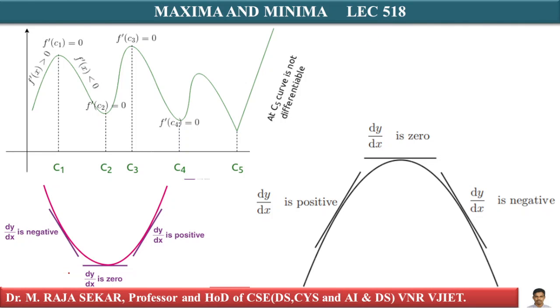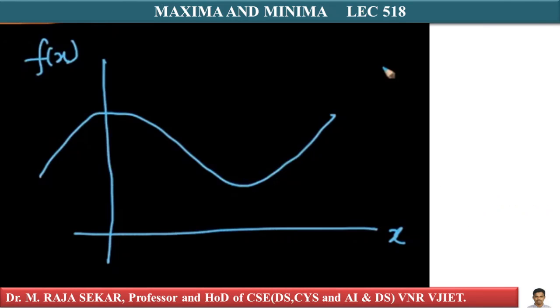In this lecture, we will try to understand maxima and minima. Since we have gone through some basics of calculus or basics of differentiation, let's understand what is maxima and what is minima. Imagine I have a function like this.